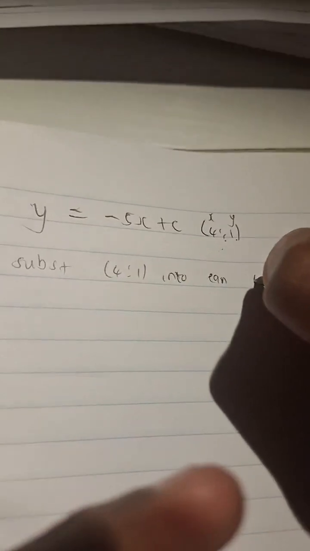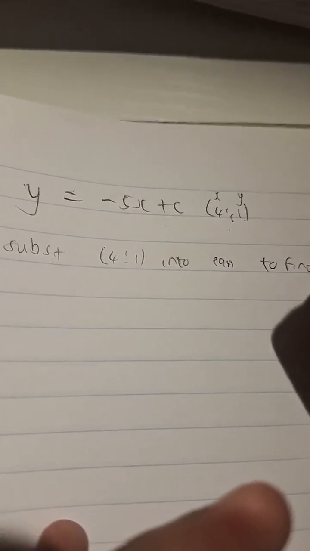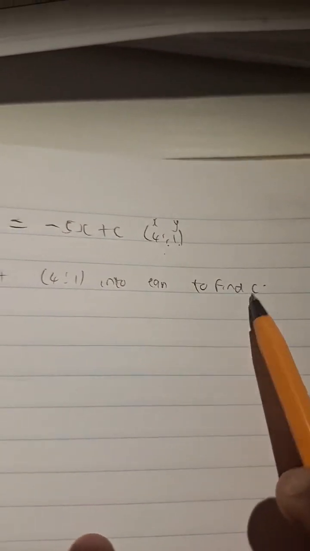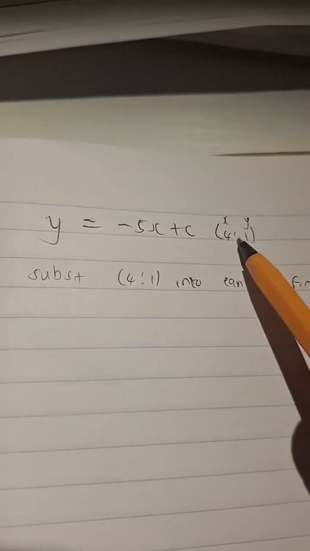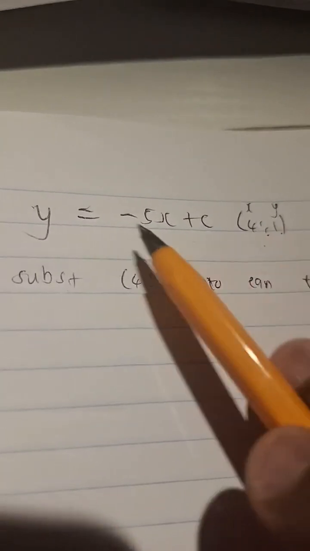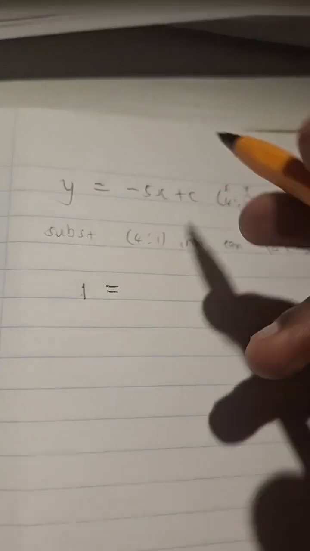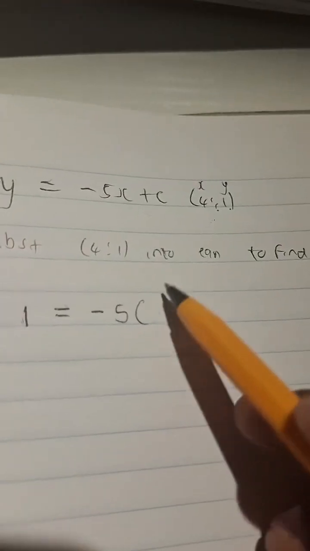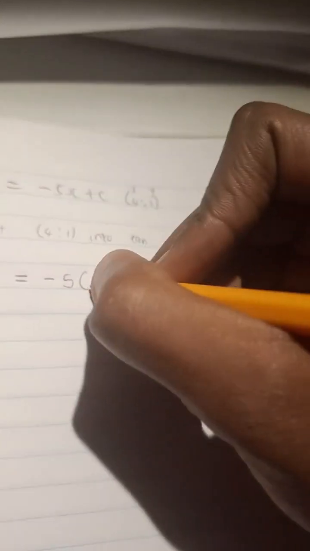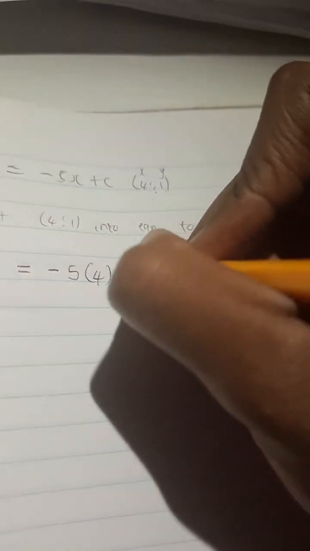Why are we doing that? To find the value of C. So let's go. Who belongs to y? It is 1. 1 is equal to, in the place of y, I write 1. Equal to what? -5. In the place of x, who am I substituting? 4 plus who?